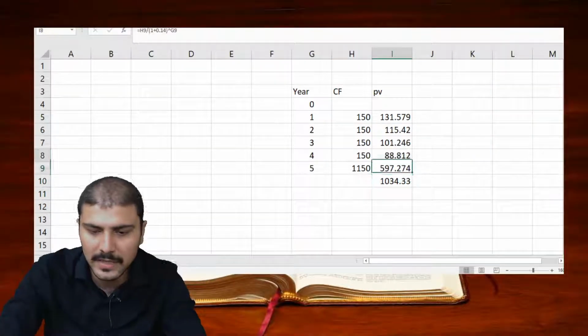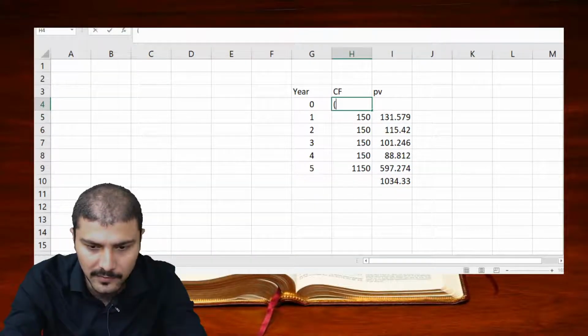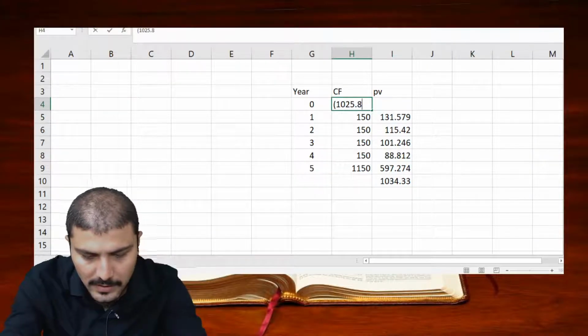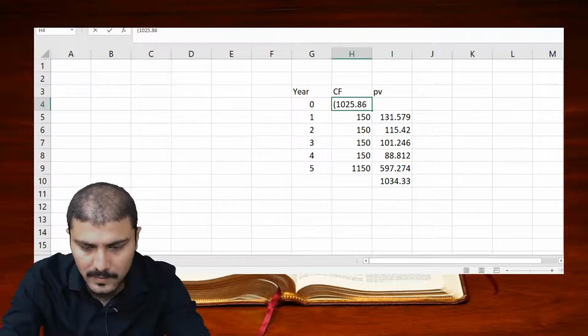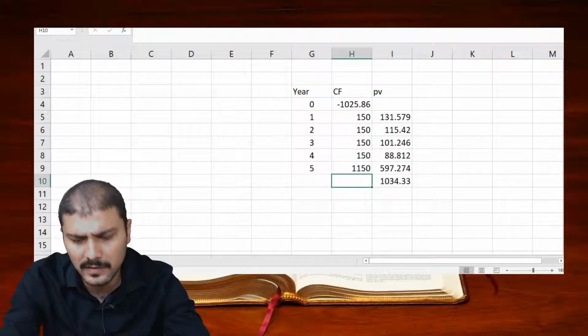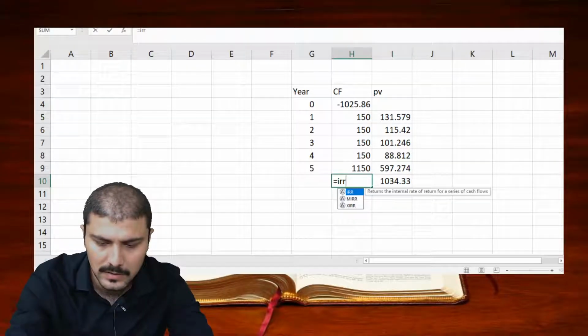So how to calculate that in Excel quickly during your exam? Simply write the outflow as a negative, that is 1025.86, negative outflow, in year 0, and then simply the inflows, and write the formula as IRR. IRR and YTM are one and the same thing.